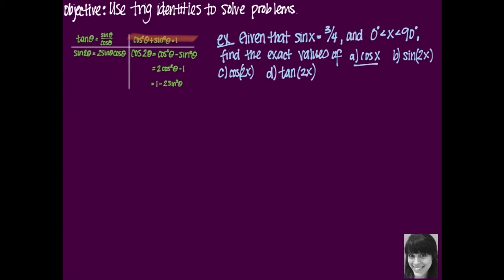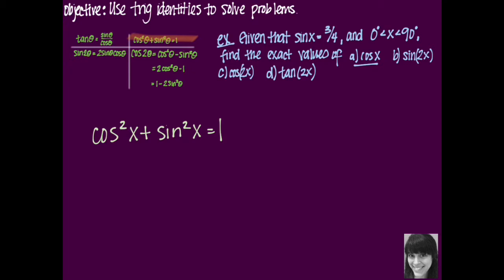So let's do that, just to get in the habit of solving for an equation. The identity is cosine squared of x plus sine squared of x equals 1.